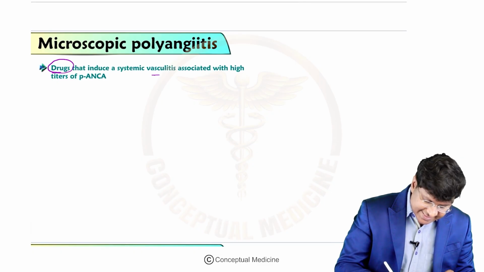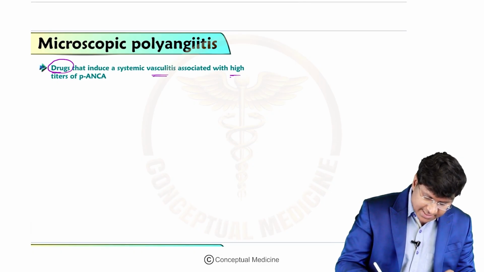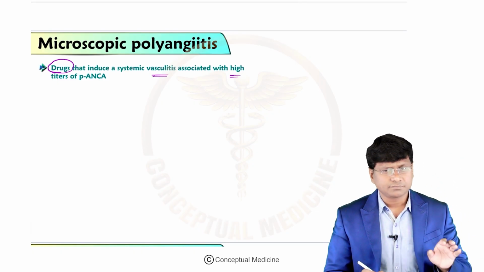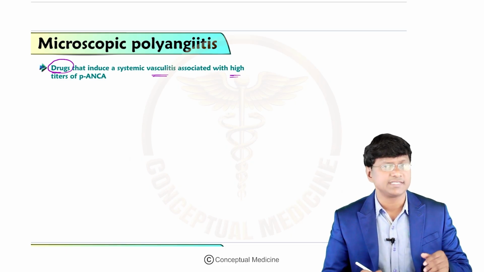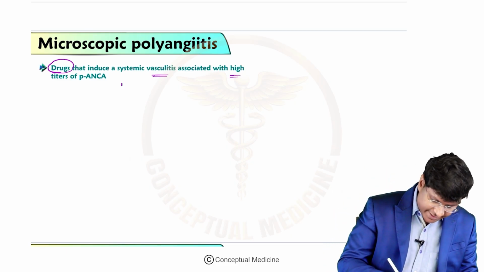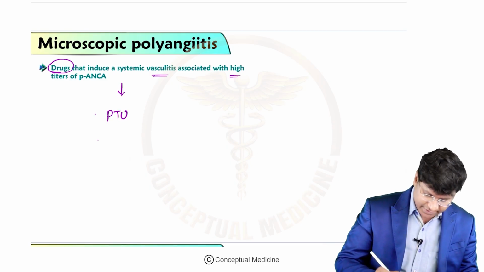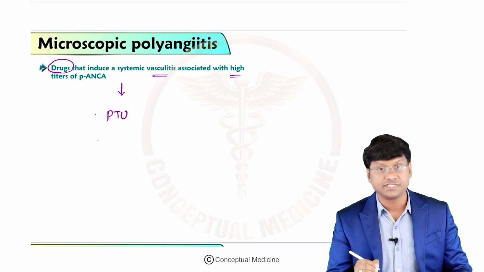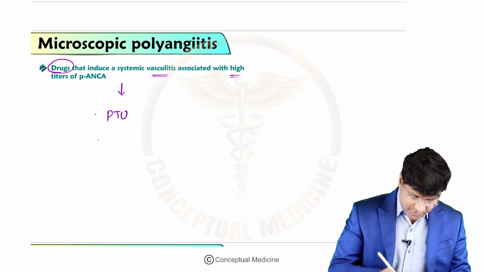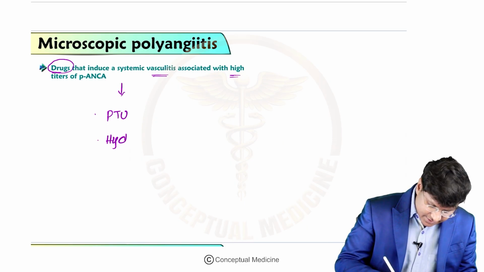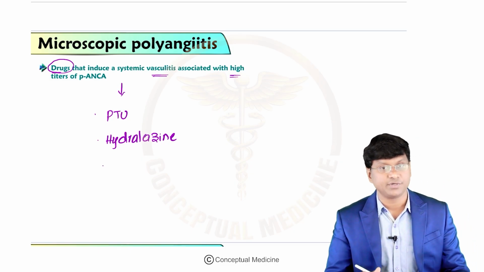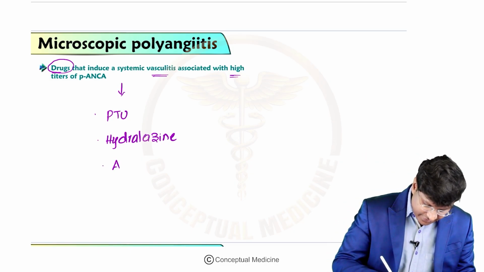Number one, propylthiouracil, an anti-thyroid drug, which is a thyroid peroxidase inhibitor. Then we have hydralazine, an arteriolar vasodilator used in the treatment of hypertension. Then another important drug, allopurinol.